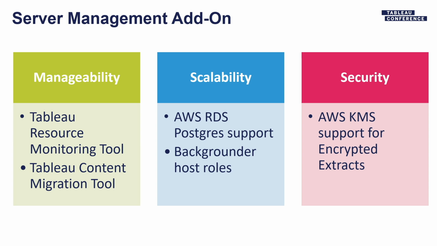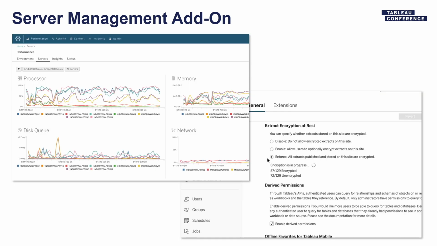It also allows you to integrate more deeply in the security part with Amazon services. So you can use AWS KMS to manage your encryption keys if you want to use extract encryption at rest, which is a new feature in 2019.3. The great thing about Server Management is it comes with all of this pre-built. You don't have to build anything yourself if you want to monitor Tableau Server in really fine-grained detail.